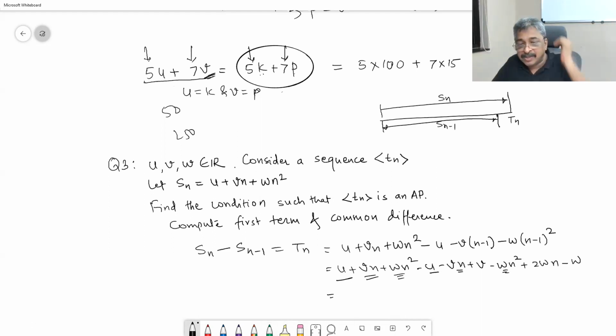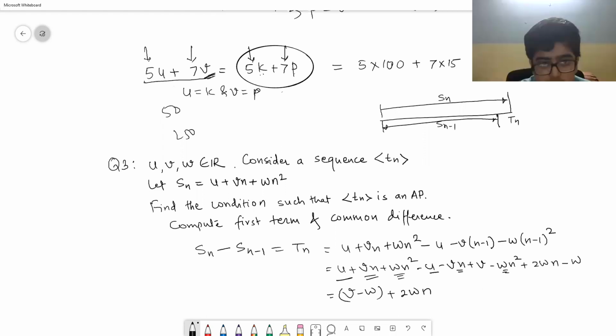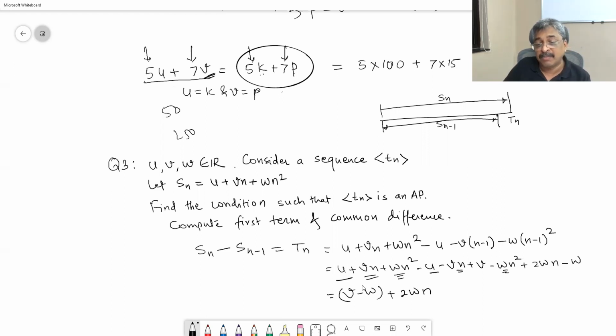So now what is remaining is V minus W plus 2Wn. Is it correct now? Yes, sir. Okay, and therefore if this is term number n, then this is A plus n minus 1 times D.